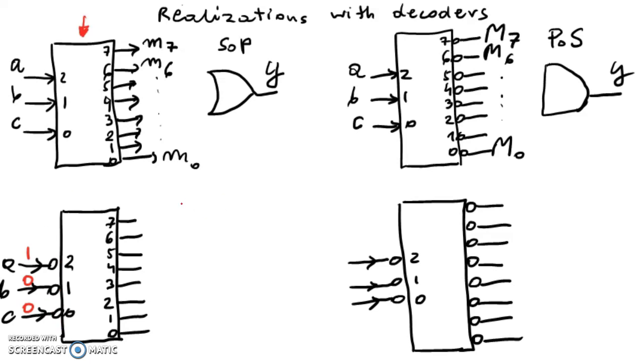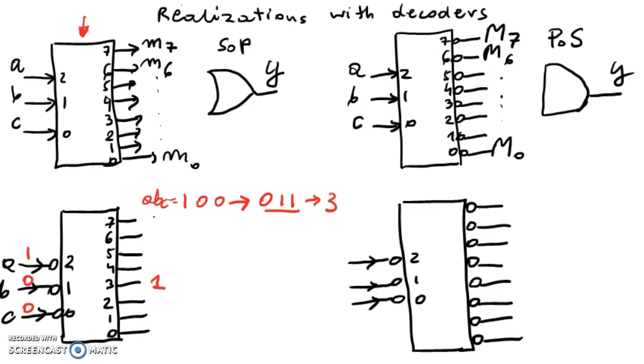Nice. So 1, 0, 0 is inverted into 0, 1, 1, which means 3 in decimal. And that's why you'll get M3 instead of M4. So this is where 1 would occur in this situation.